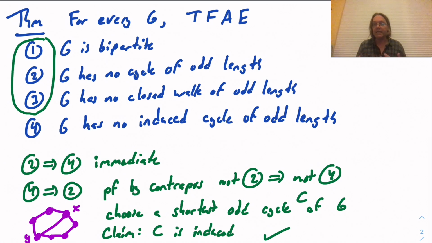So a very convenient thing about the notion of bipartite is we have a nice picture we can draw. We have a nice structure for what it means to be bipartite, and a nice structure for what it means to not be bipartite. If you are bipartite, you have a bipartition. If you're not bipartite, you have a cycle of odd length. And if you want, you can insist that that cycle be induced.